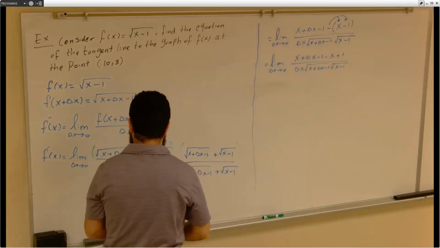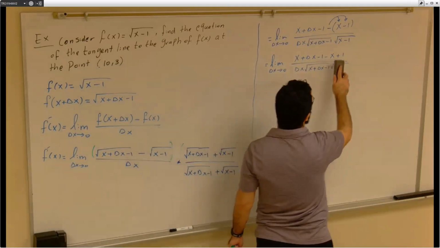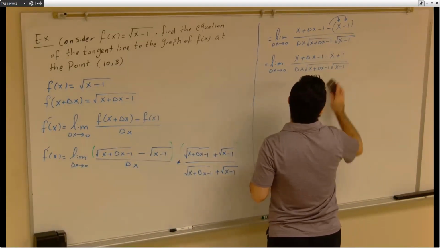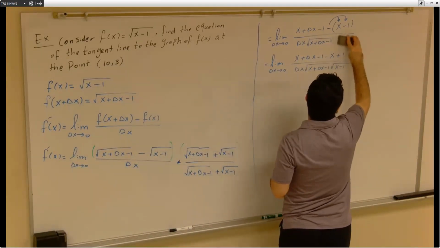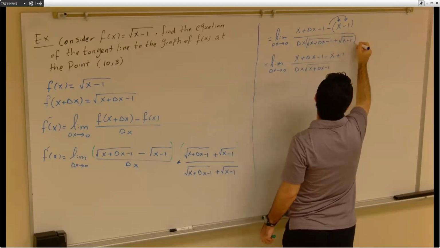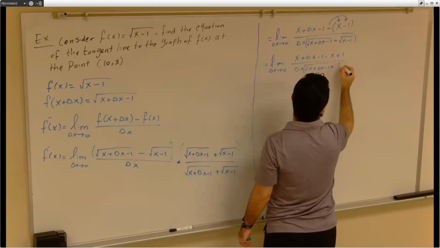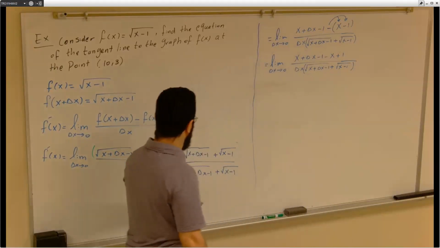I forgot the sign because there's a plus. It's not multiplication. The bottom part is going to be plus square root of x minus 1. And the same thing here, plus square root of x minus 1. The bottom part here, when we rationalize, there's a plus.